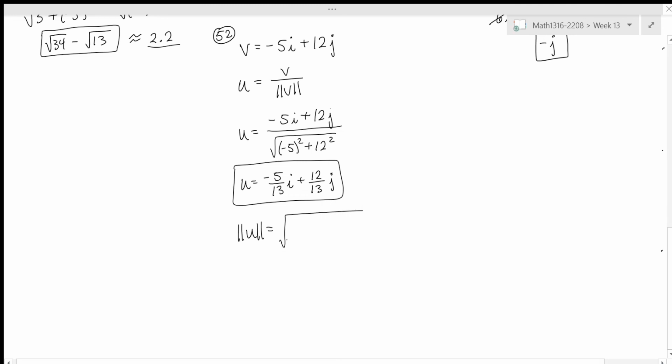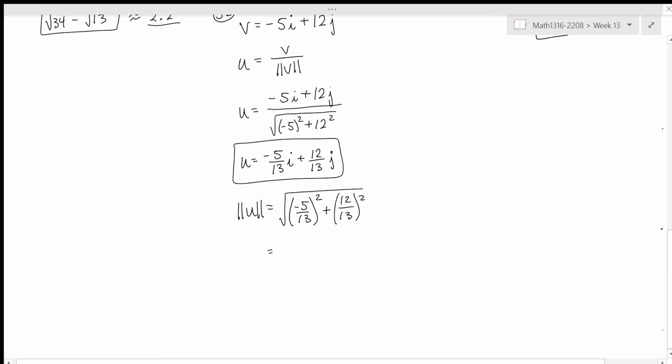So that'll be the square root of a squared plus b squared. And let's see if that really does work out to be 1.